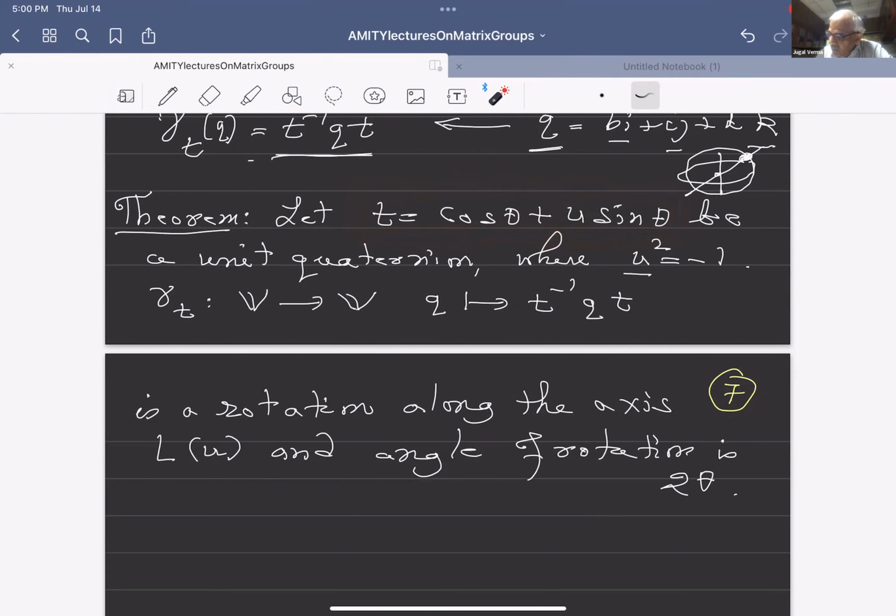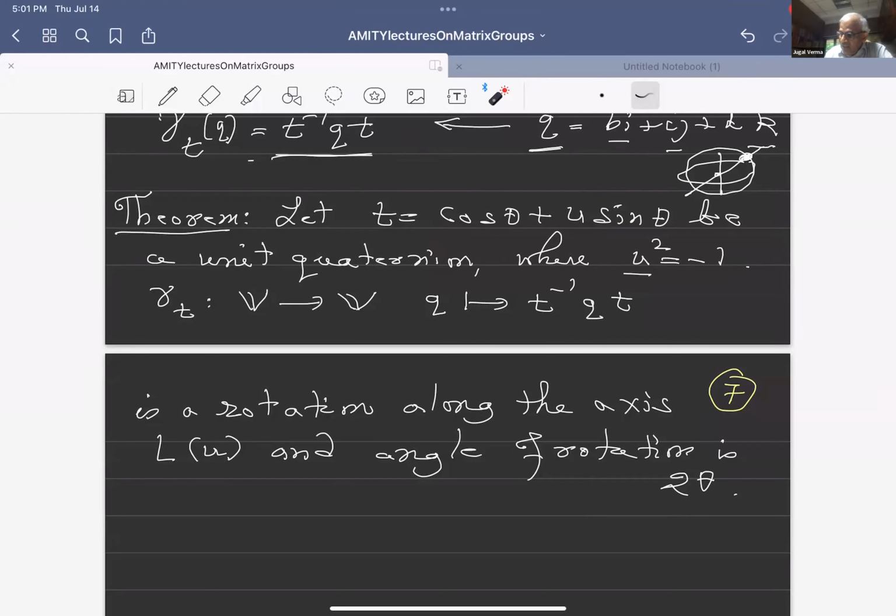Any vector on S2 corresponds to an imaginary quaternion of unit length. Using this quaternion, define this conjugation map, which is an orthogonal linear transformation, as we already saw, but this theorem is saying that it is actually a rotation. The axis of rotation is the linear span of U, the line spanned by U, and the angle of rotation is 2 theta.